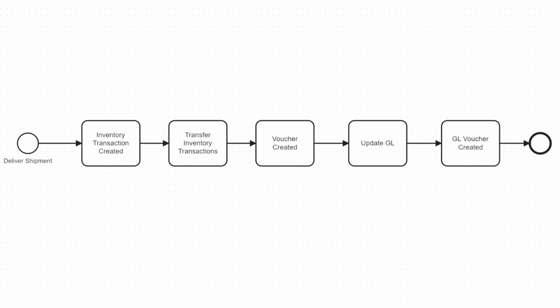What we will see today is that we will deliver a shipment. Delivering a shipment means we take some goods, some materials from our own warehouse, from our inventory, and deliver them to our customer. So we will have less inventory on hand. We are taking out something, we are taking out value. Whenever we move stock around, we are also moving value.